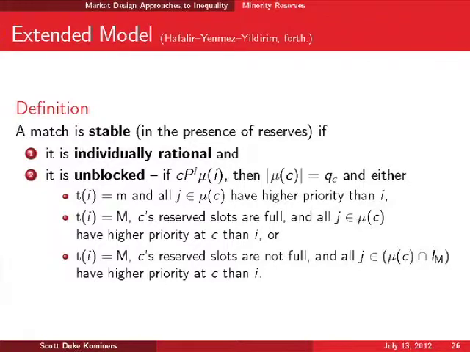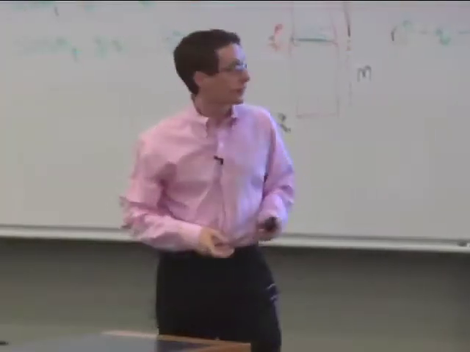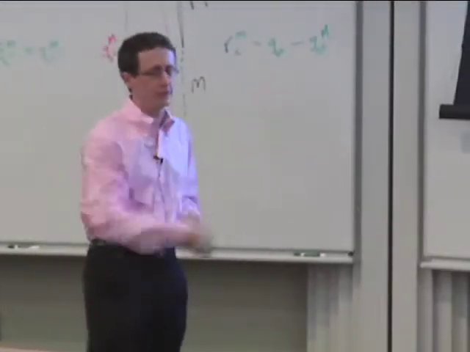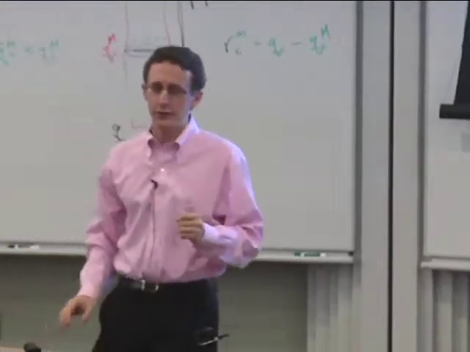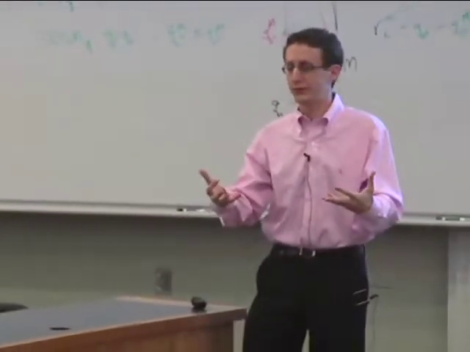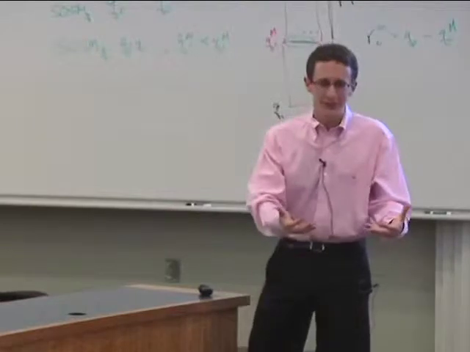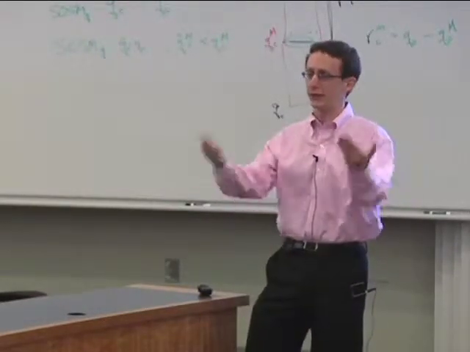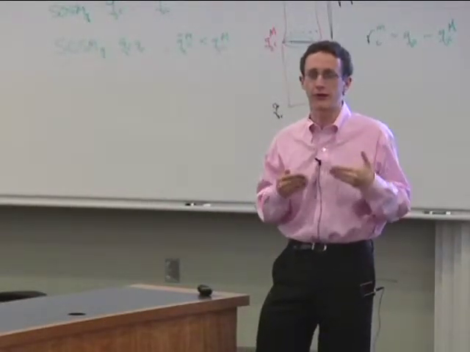Right? So if you're a minority and you want to move in, so you prefer school C to your assigned match, it had better be the case that everyone at the school has higher priority than you. So now how about these majorities? So before, remember, we had this condition that said the majorities could only want slots if their quota was not full, or if their quota was matched and they had higher priority than somebody who's already there who's a majority.